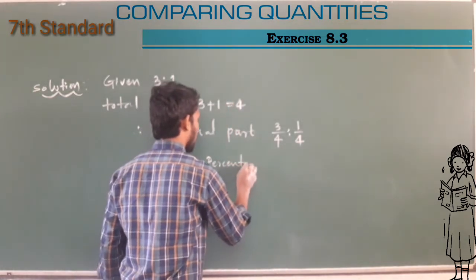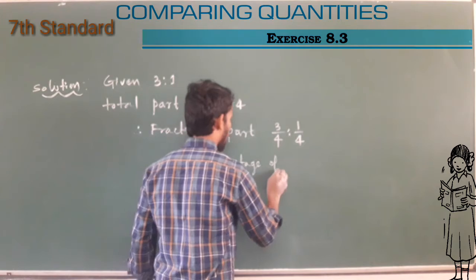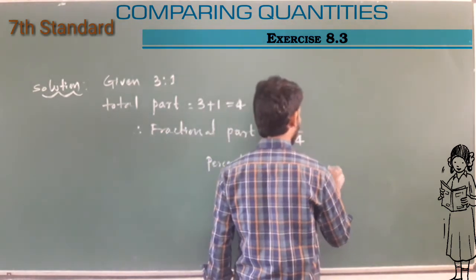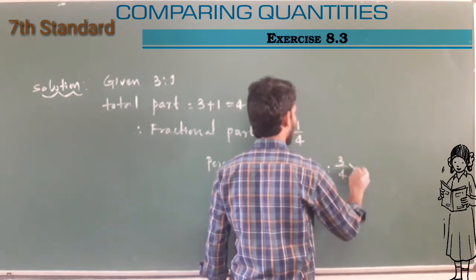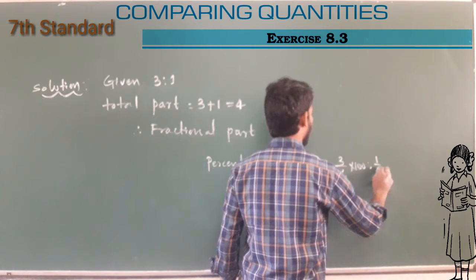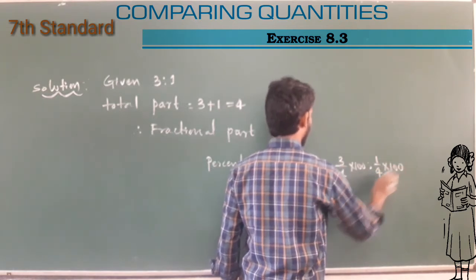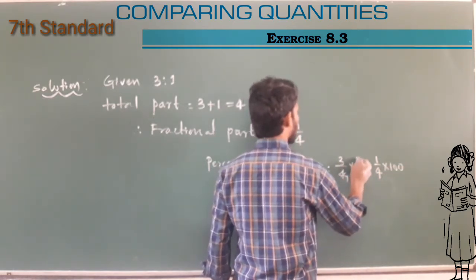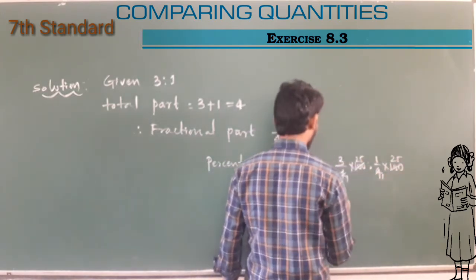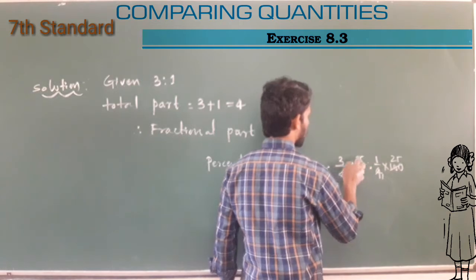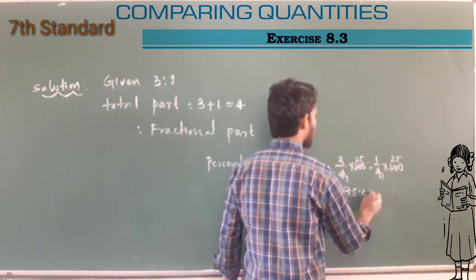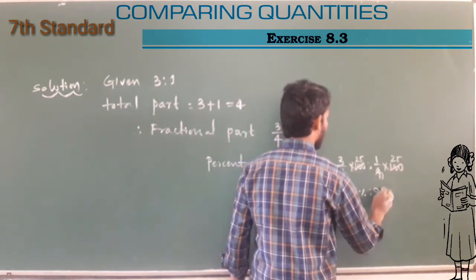Next, percentage of parts. Now we can write 3 by 4 into 100 is to 1 by 4 into 100. Now 4 ones are 4, 4 twenty-fives are 100. When we multiply 25 by 3, we get 75% is to 25%.